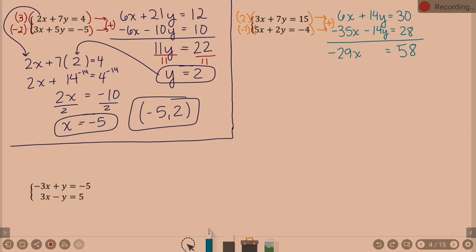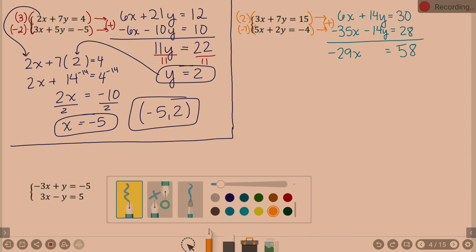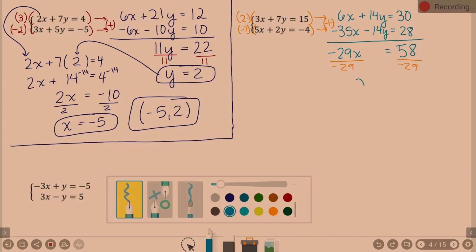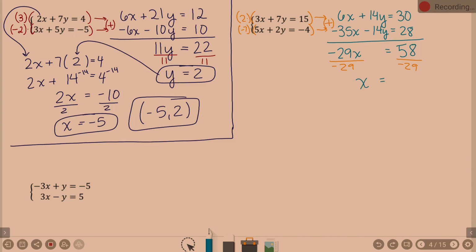If it's negative 29 times x equals 58, how are we solving? Yep, divide by negative 29. What is 58 divided by negative 29? Negative 2.